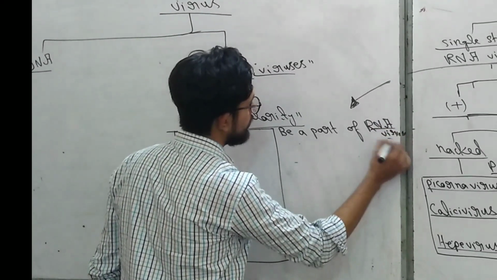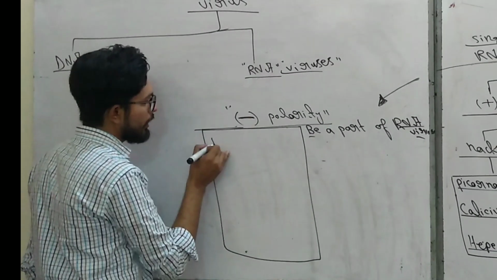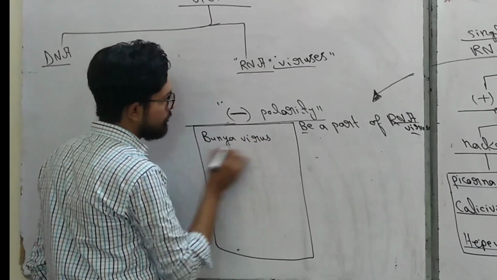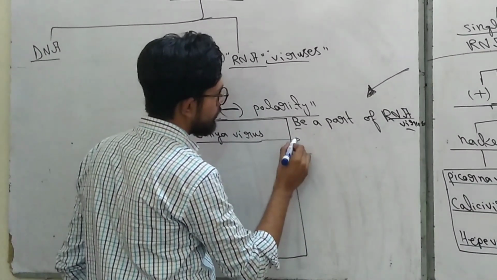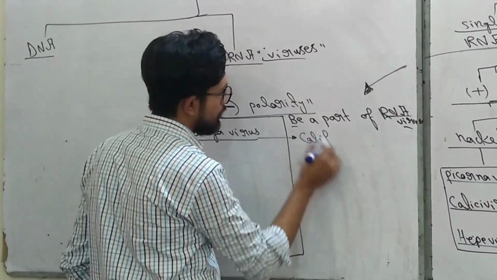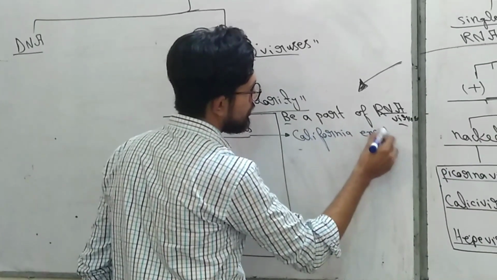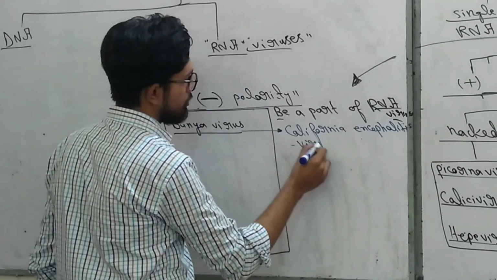So I want to apply this mnemonic in the classification of viruses. B stands for Bunyavirus, and Bunyavirus family contains a virus known as California encephalitis virus.